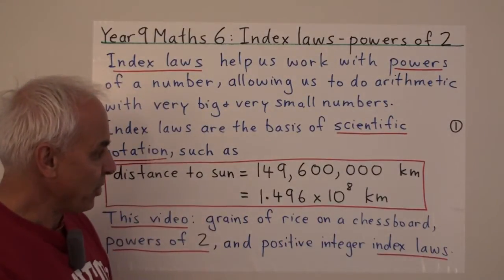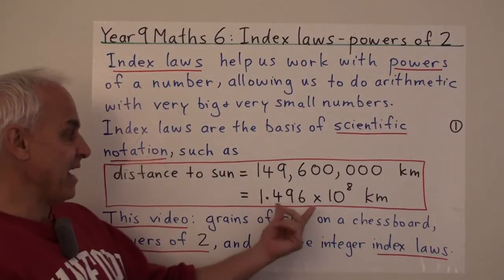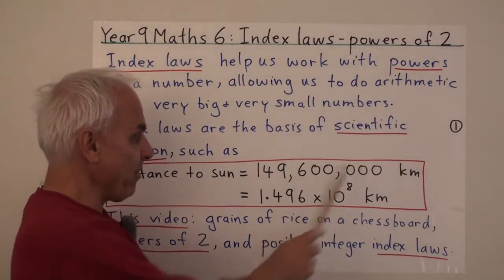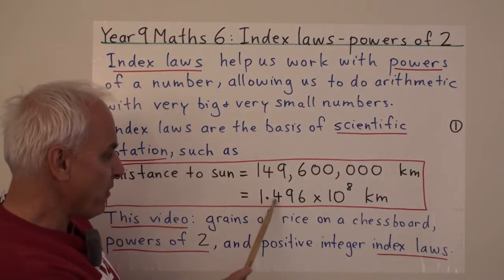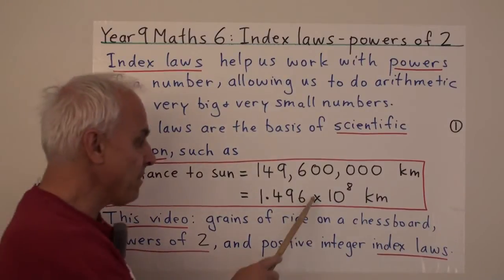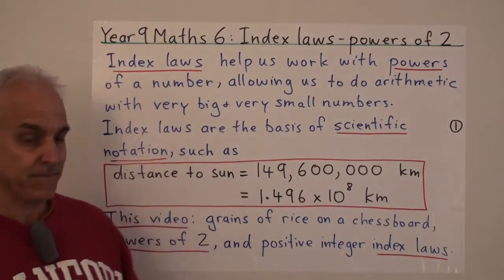And we're going to learn that another way of expressing a big number like that is in scientific notation. This is scientific notation for this number. We rewrite it as 1.496, so a decimal number there, times a power of 10, in this case 10 to the 8th.